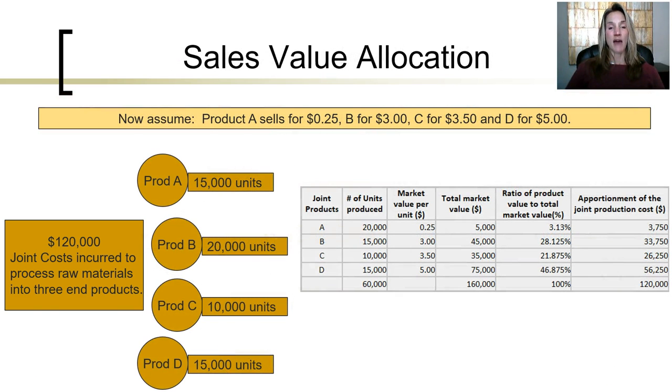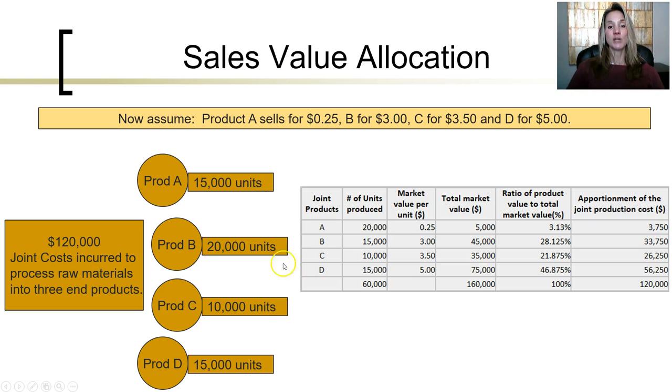The other method to allocate joint costs is very similar, but instead of using the total physical units produced, we look at and use the total sales value of what is produced. So recall we have $120,000 of joint costs that need to be allocated to the four products that were produced.